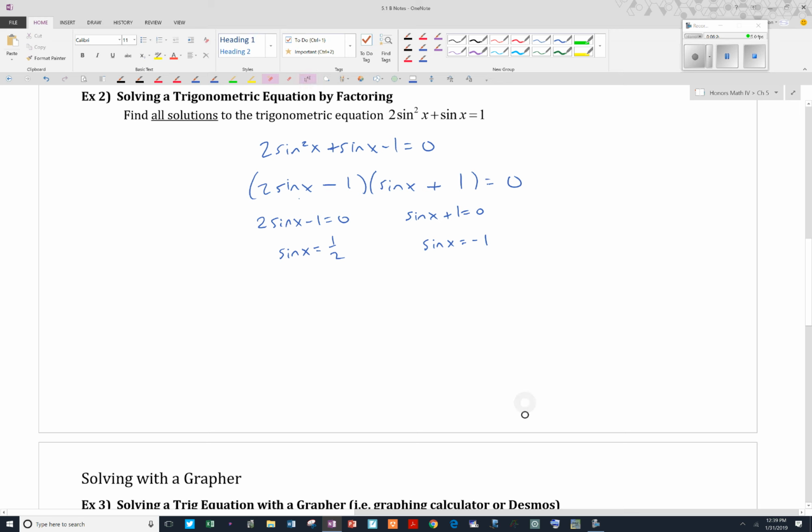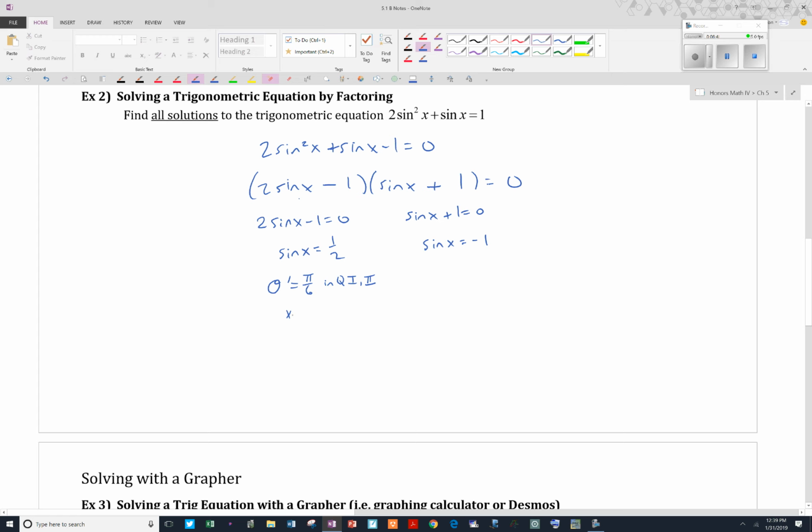So that value of 1/2 tells us that our reference angle is pi over 6 because it's a sine. So the sine of pi over 6 is 1/2. But we need to recognize that it's positive. So where is sine positive? Well, sine's positive in quadrants 1 and 2.